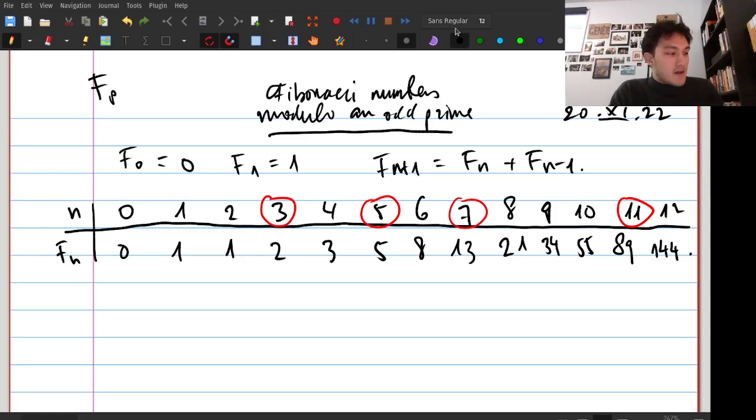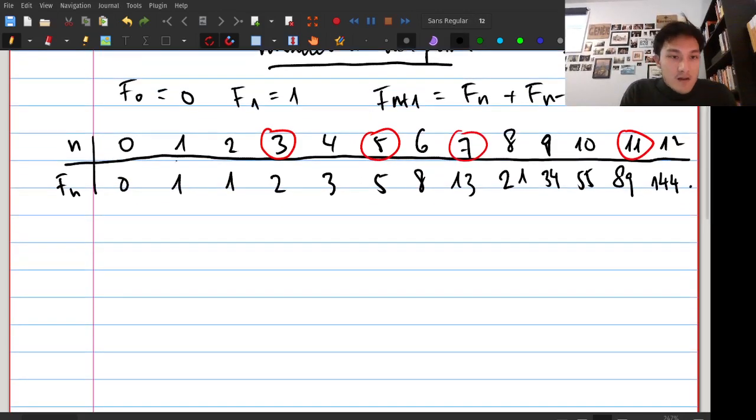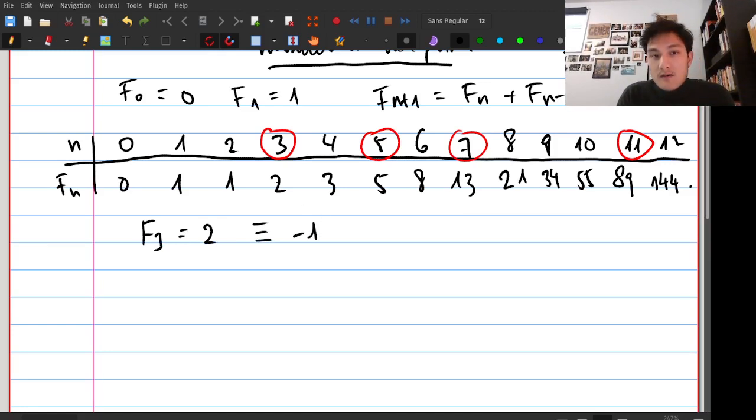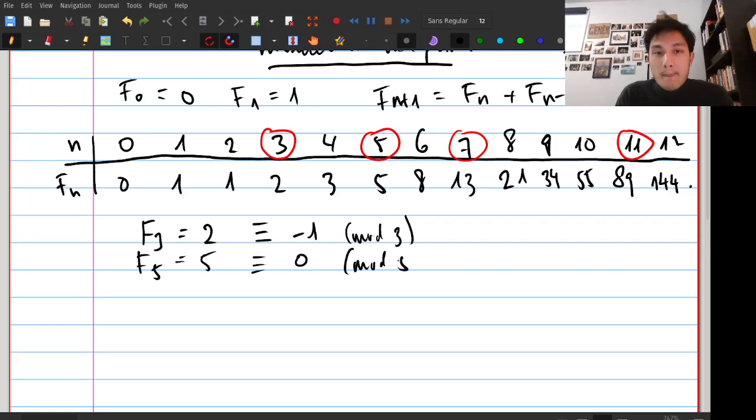But here's the pattern that we're going to look at. So we're going to look at Fp. F3 is equal to 2, okay? And what is that? Modulo 3, it's equal to minus 1 modulo 3, right? If 3 is 0, then 2 is minus 1. So that's mod 3. F5 is equal to 5, and that's obviously 0 modulo 5. So the remainder divided by 5 is 0.